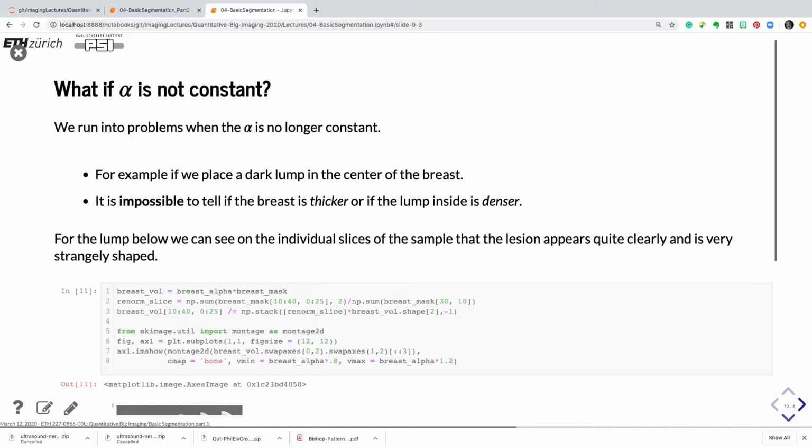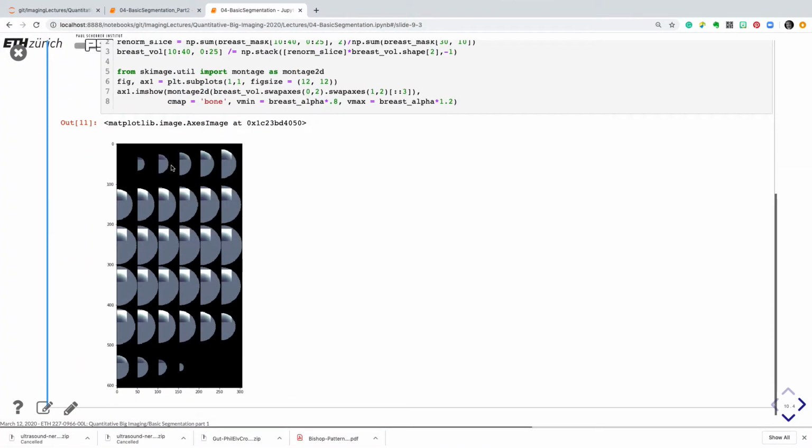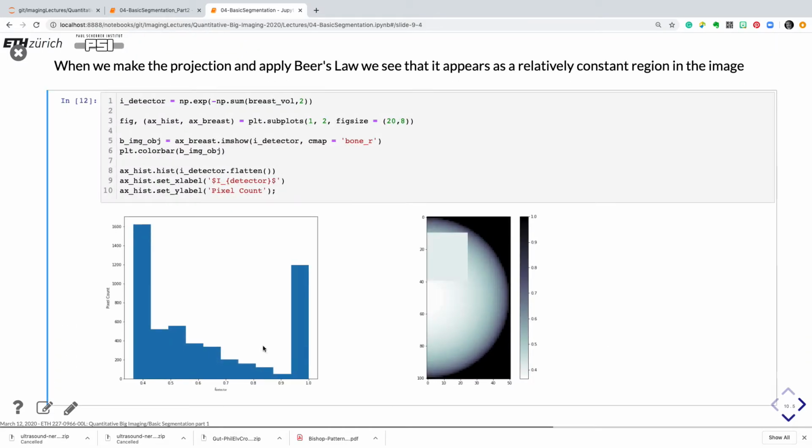So if we have some kind of lump like this, including it, you can see that there is a great difference. And this looks like this in the radiograph, and it's pretty hard to tell from this one if it is a different thickness or if it is just something else.